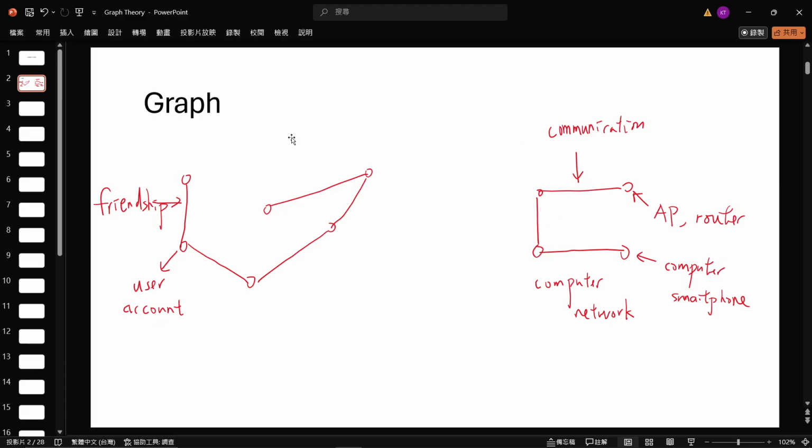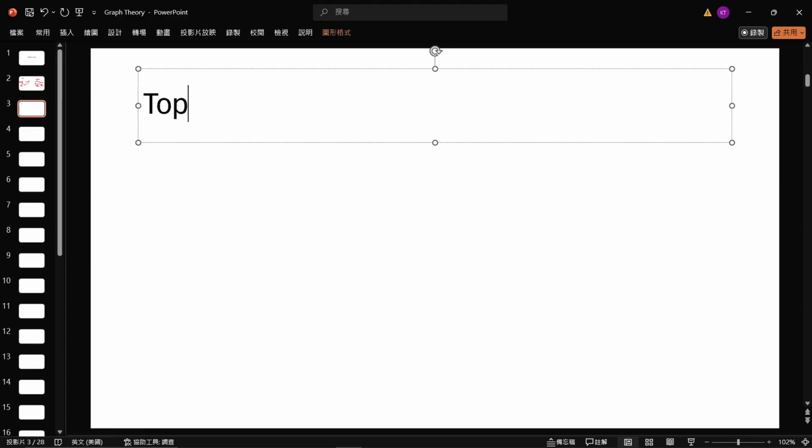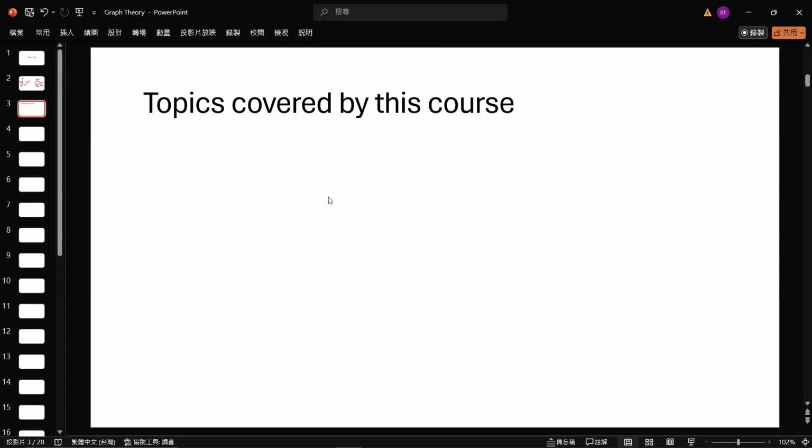So let me give you the topics that will be covered by this course. All right, so I think we'll spend the first 3 weeks discussing some fundamental simple properties about graphs. And after the first 3 weeks, the first serious graph problem that we're going to consider will be matching. All right, so what's a matching?